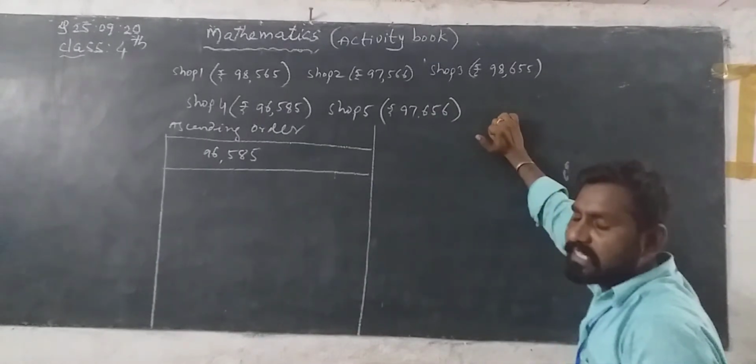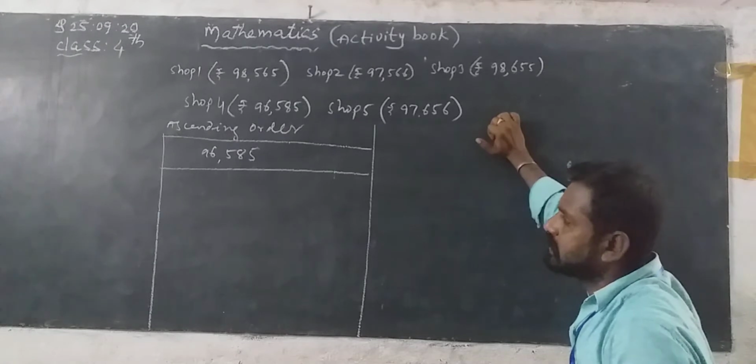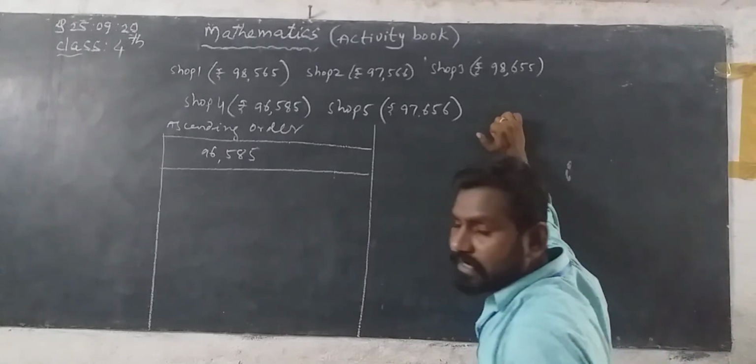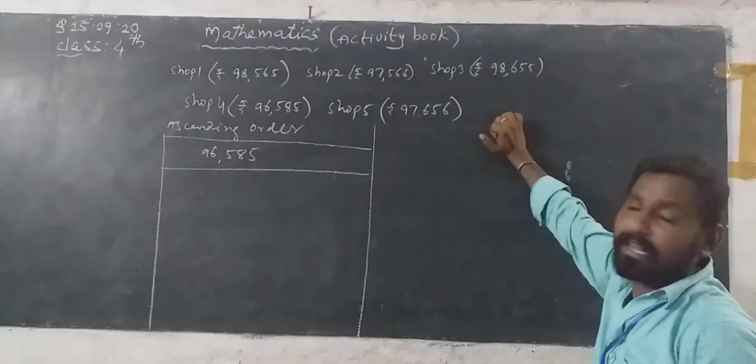Ascending order means arranging the numbers from smallest to largest. 96,585 is the smallest number.